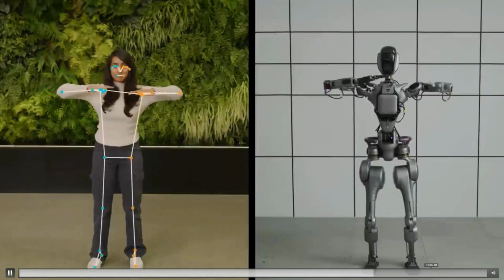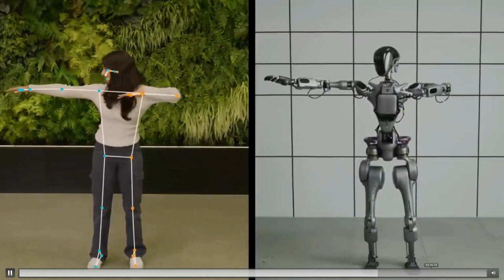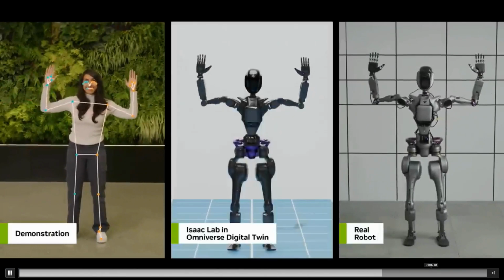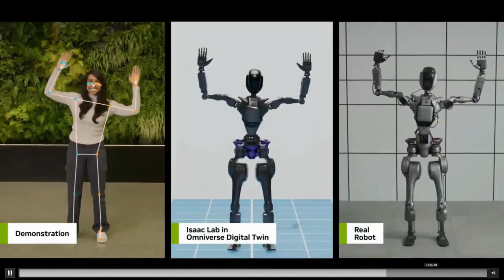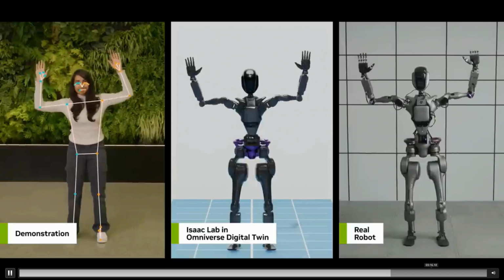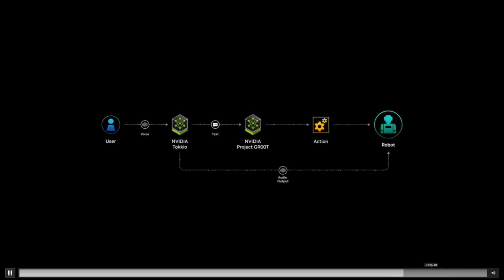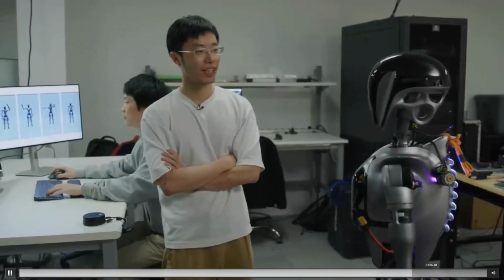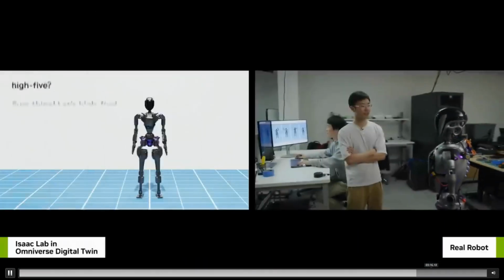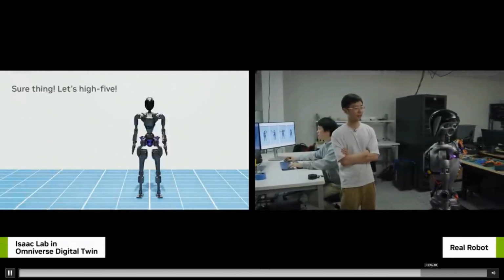This is made possible with NVIDIA's technologies that can understand humans from videos, train models in simulation, and ultimately deploy them directly to physical robots. Connecting GR00T to a large language model even allows it to generate motions by following natural language instructions. Hi, GR-1. Can you give me a high five? Sure thing. Let's high five.